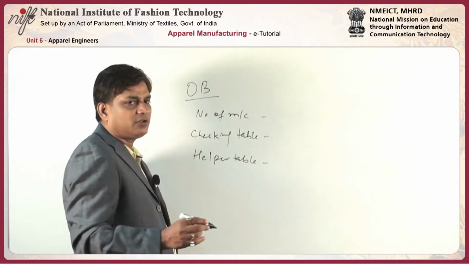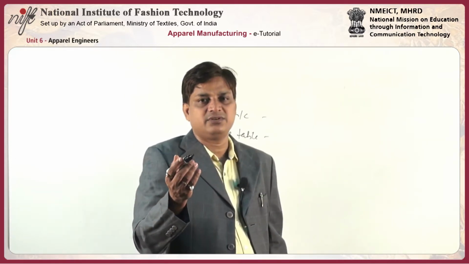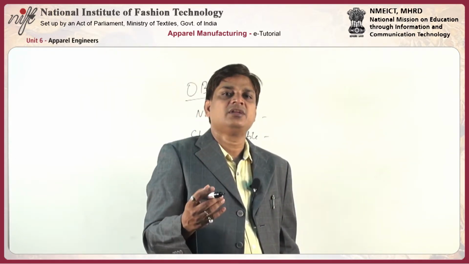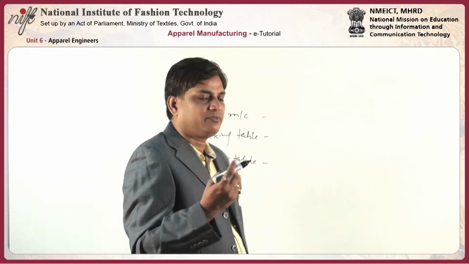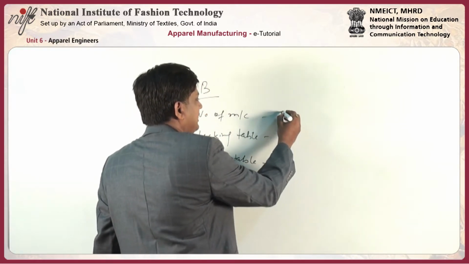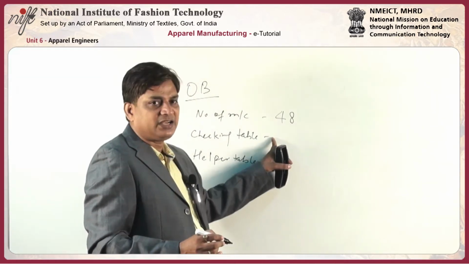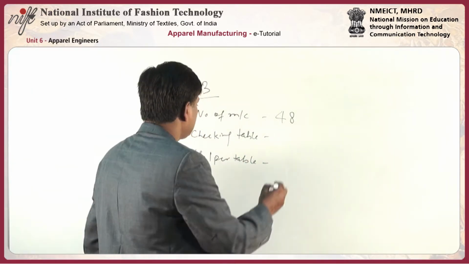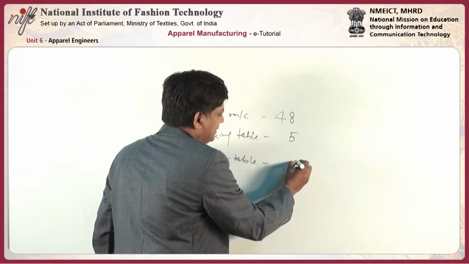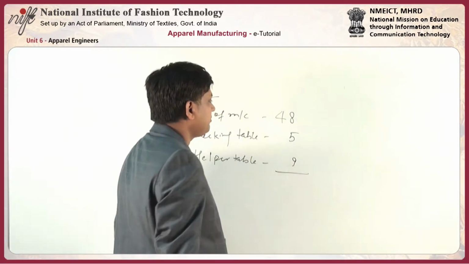We have the number of machines. From the operation bulletin we see that 48 machines are required. And we have the checking tables, 5 checking tables are required, and 9 helper tables are required.